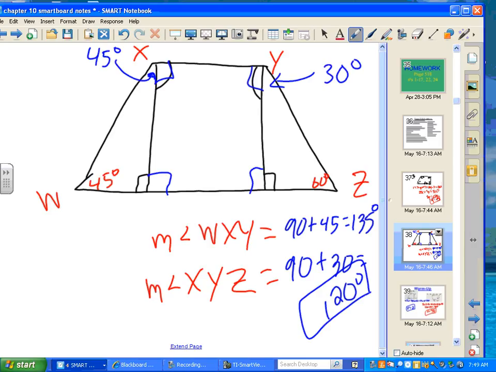Steve, does that make sense? Because this is 45, this is 45, and this is 90. There's 180 degrees in the triangle. This right here is 90 degrees. This is a rectangle in here. This is a triangle. This is a triangle. Greta?